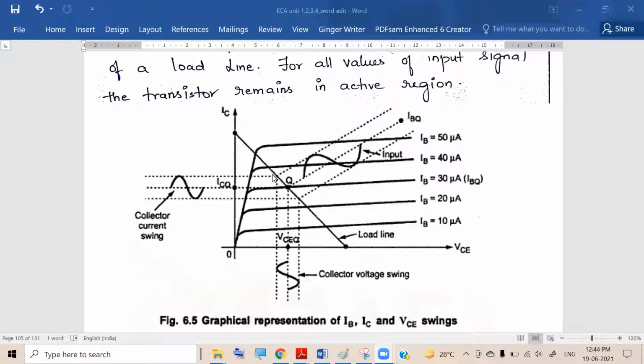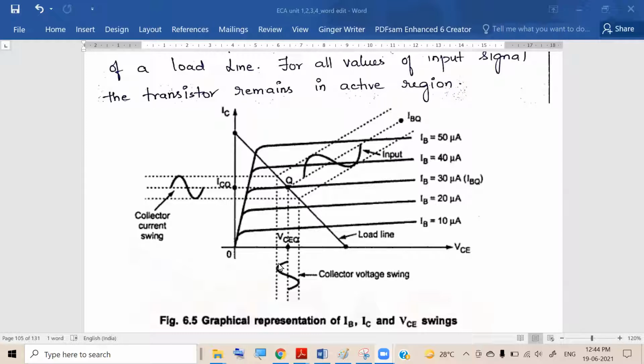So what happens when we have a positive half cycle? IC is increasing. Just observe, when IC is increasing, correspondingly the VCE will decrease. That is the reason when we give a positive half cycle at the input, IC also has a positive half cycle, but VCE, the output voltage, has a negative half cycle.